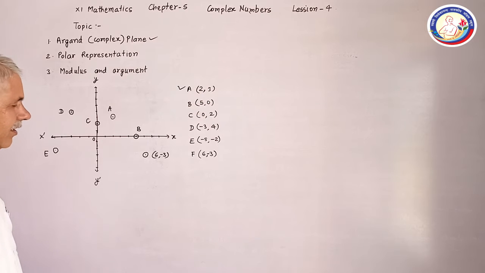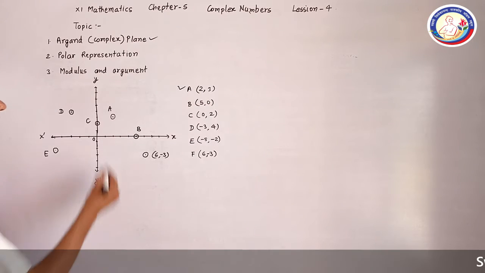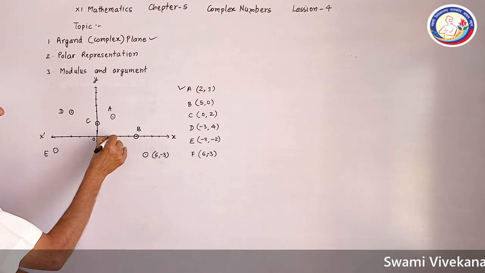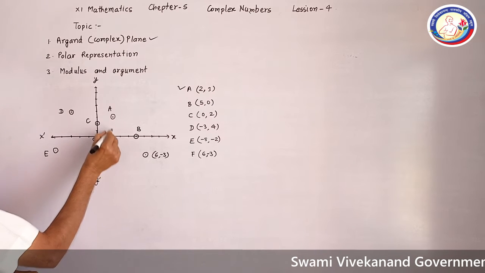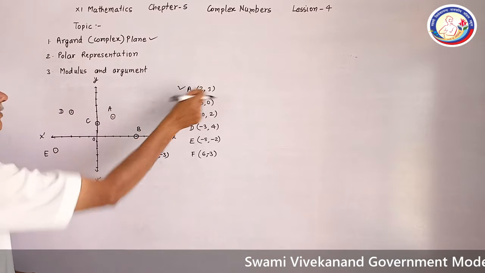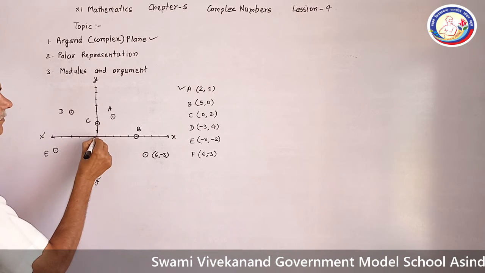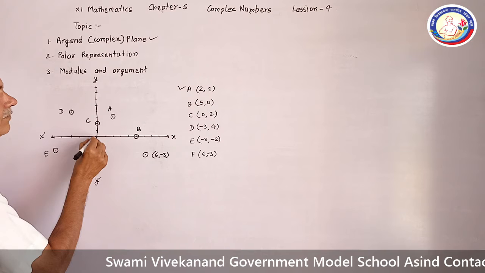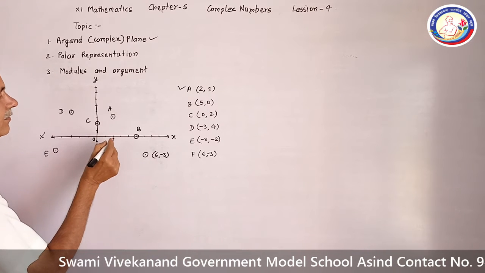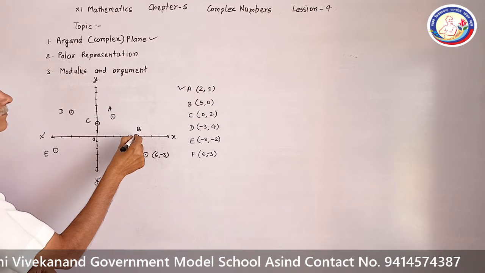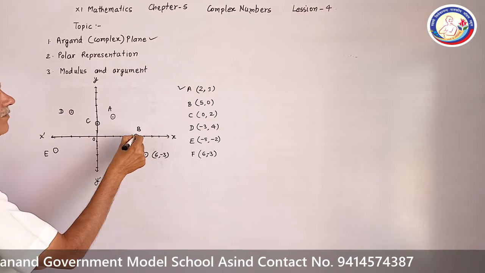Now, how can we read the coordinates if points are given? Just say A. Directly go to x-axis. We will reach here. This is 2. And on y-axis, this is 3. So 2, 3. Again, on y-axis, it is 0. And on x-axis, it is 5. So the coordinates are 5, 0.